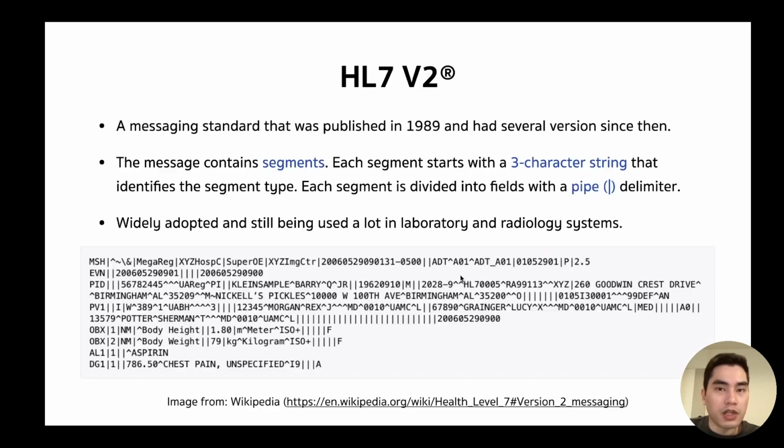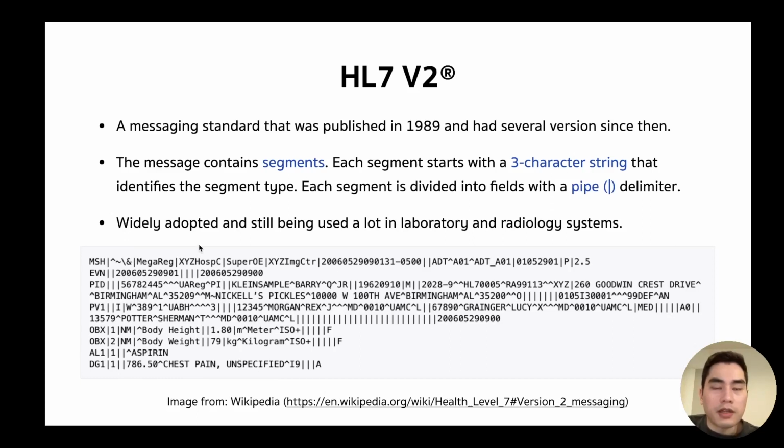We will start with HL7 V2. V2 is a messaging standard that was published in 1989 and has had several versions since then. I think the latest version is 2.9, and this is what the message looks like. I took this image from Wikipedia.